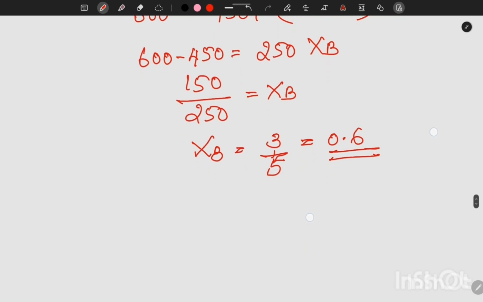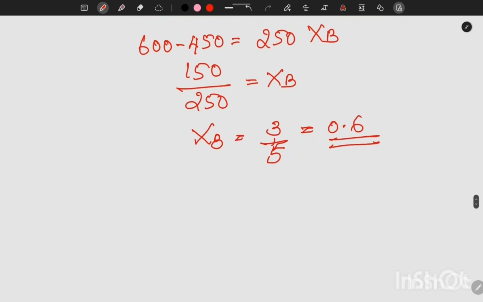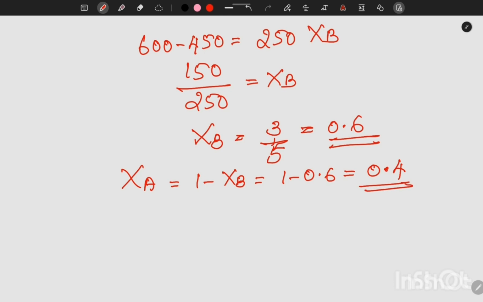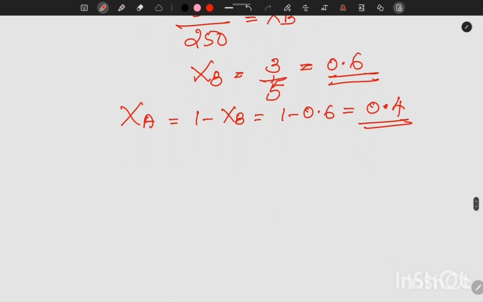Now we got the mole fraction of liquid B. Now chi A is equal to 1 minus chi B. So 1 minus 0.6, which is equal to 0.4. Now we got the mole fraction of each component.